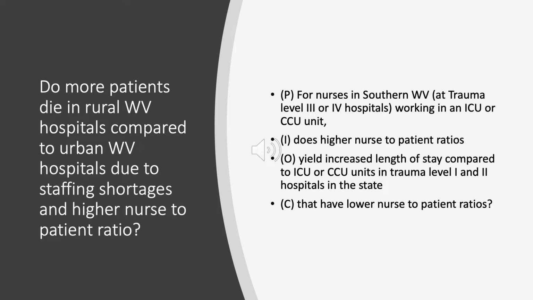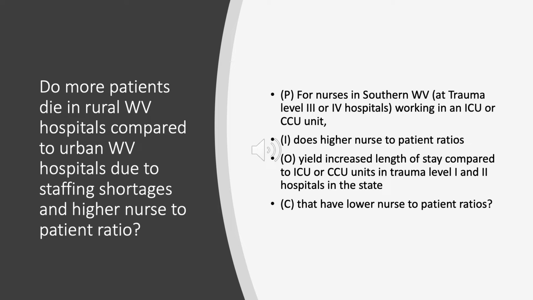To put it in layman's terms, it's essentially questioning whether more patients die in rural West Virginia hospitals compared to urban West Virginia hospitals due to staffing shortages and higher nurse-to-patient ratios.